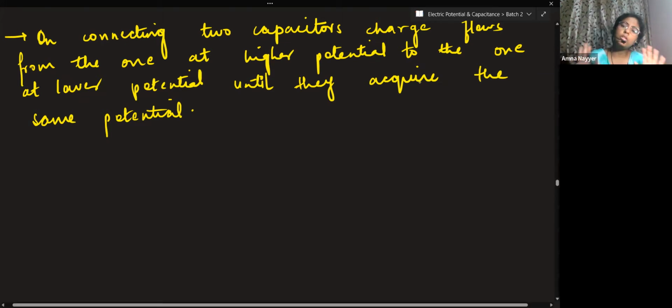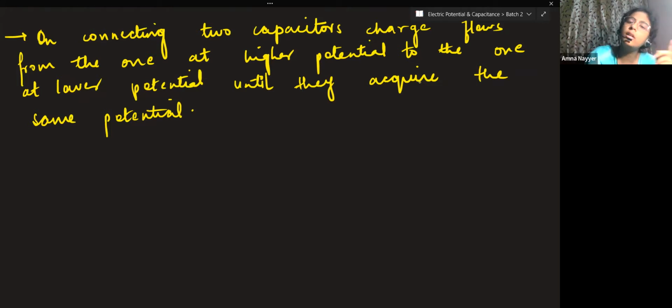It means the total charge will still be the same, because only charge transfer has occurred. There is no gain or loss of charge from within the system.